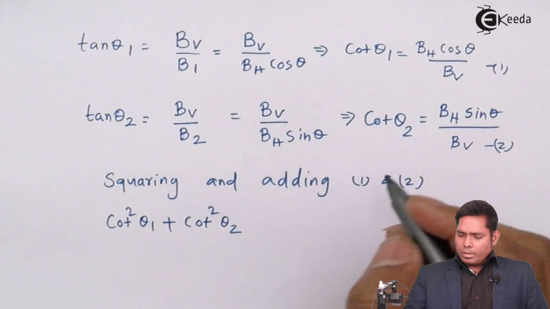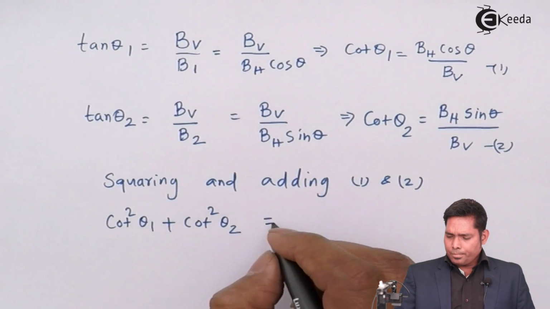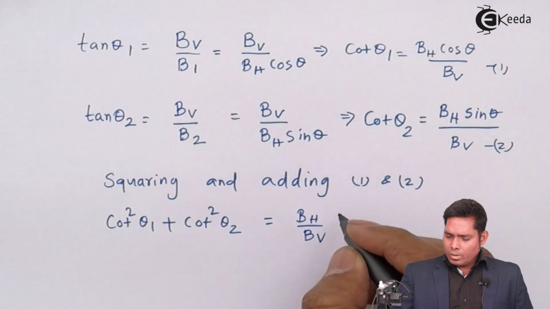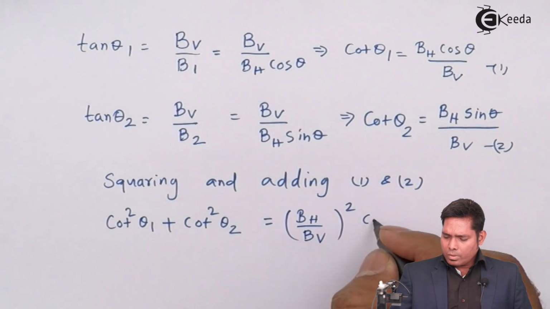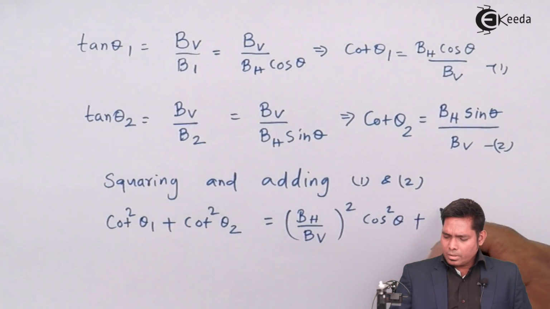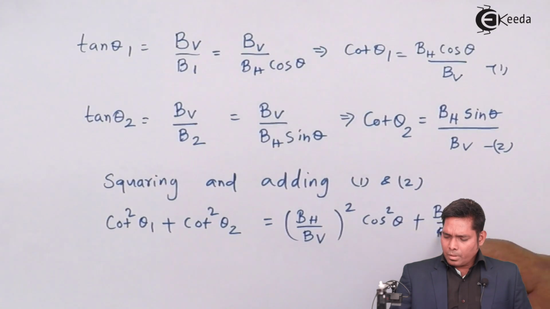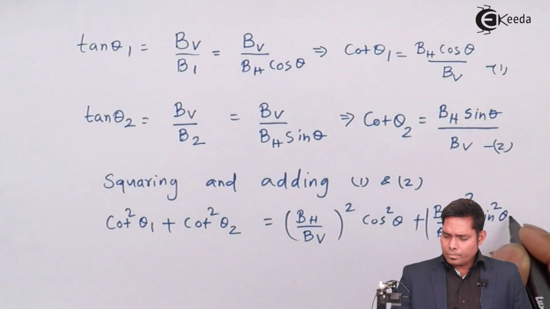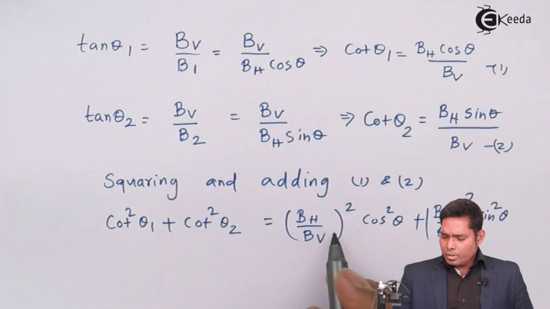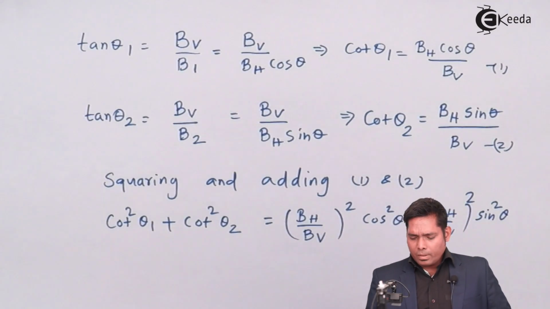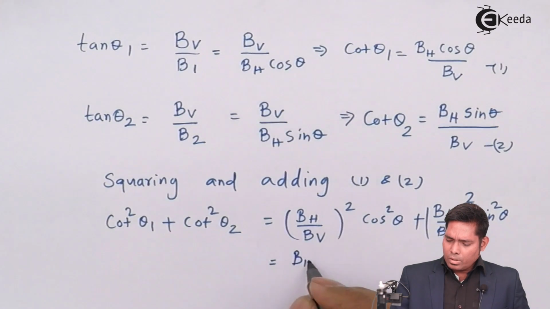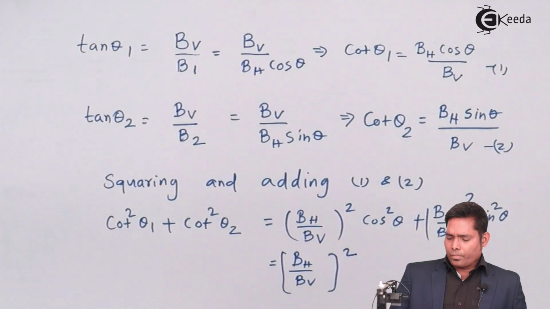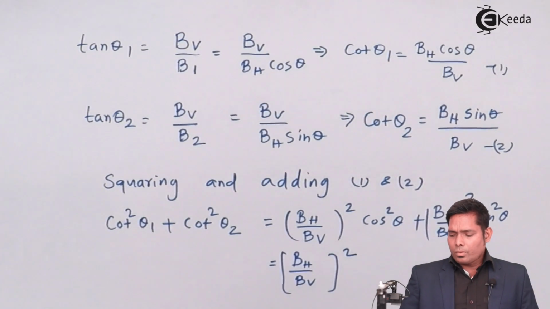Similarly, the right part will be (BH upon BV) square cos square theta plus (BH upon BV) square sin square theta. This is common, and sin square theta plus cos square theta is 1. So this is BH upon BV the whole square.